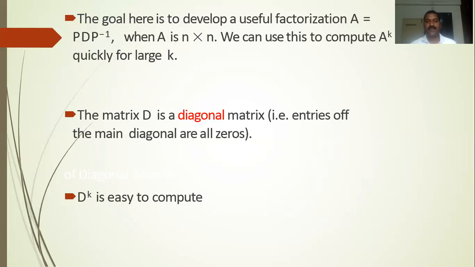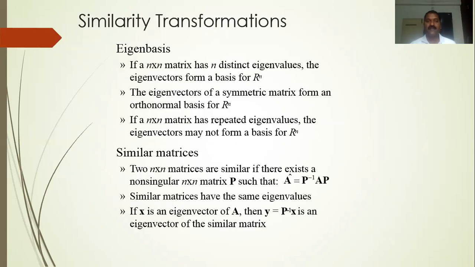Ultimately, we want to find the powers A to the K, where K should be a positive integer, and the matrix D is a diagonal matrix. What is the advantage? If A is diagonalizable, then calculating A power K is easy, because it depends upon D power K, and D is a diagonal matrix.